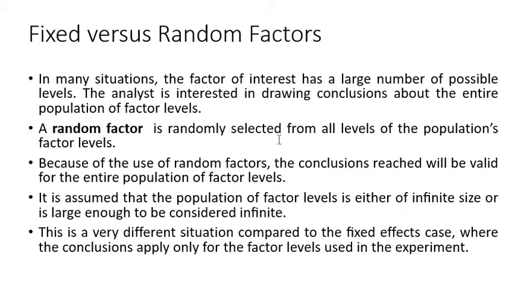Because of this random factor, the conclusions reached will be valid for the entire population of factor labels, meaning it serves as a good estimate of the whole population, because here we are assuming that the population of factor labels is either infinite size or large enough to be considered infinite.